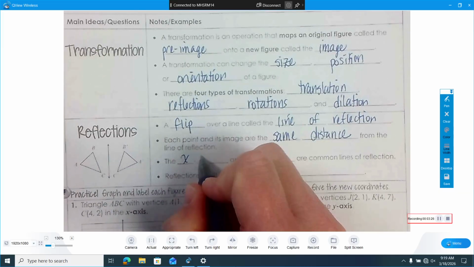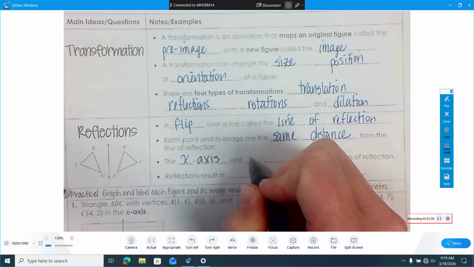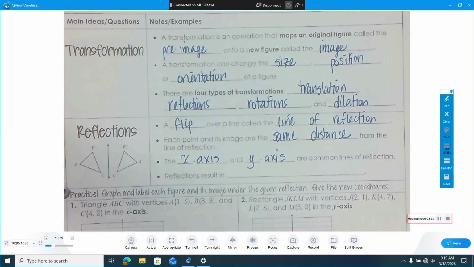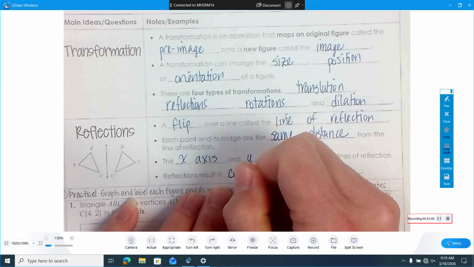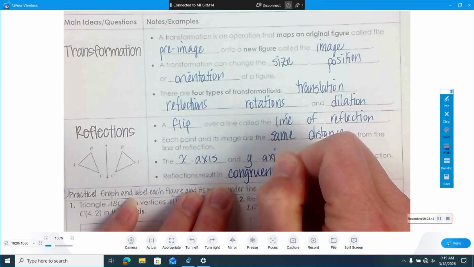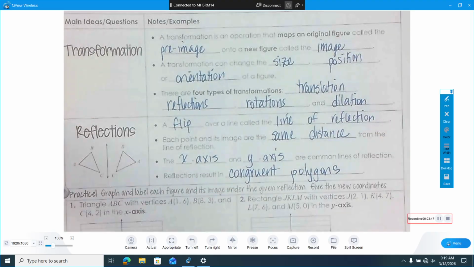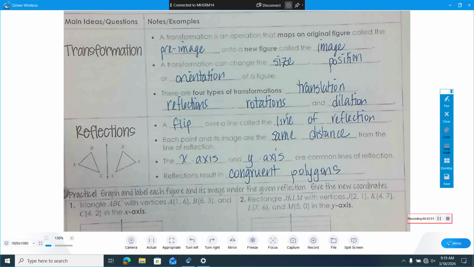The x-axis and y-axis are common lines of reflection. That's where we begin, reflecting over the x and y-axis. And reflections result in congruent polygons. Congruent meaning they are the same, they are identical, okay? It's just that they've been flipped over.